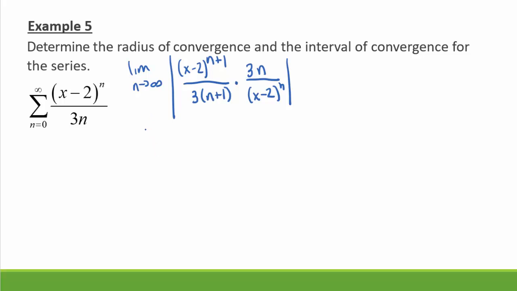Set up my ratio test, and then I simplify my ratio test. I have an x minus 2 on the top. The 3's cancel. I have an n over an n plus 1. So this goes to 1.